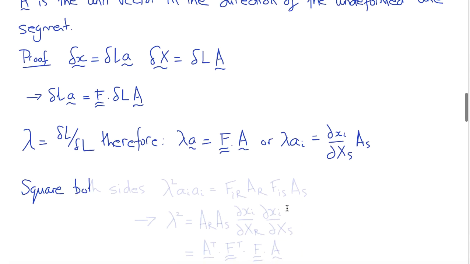Next, we square both sides, which gives us lambda squared a_i a_i, or a dot a, which would therefore equal F_iR A_R times F_iS A_S, where F_iR and F_iS are del x_i del X_R and del x_i del X_S.